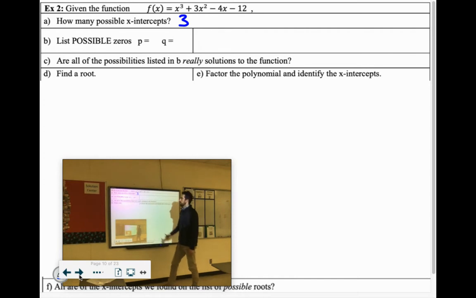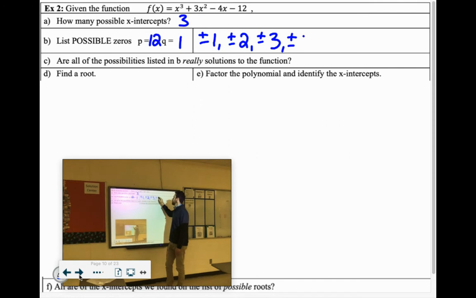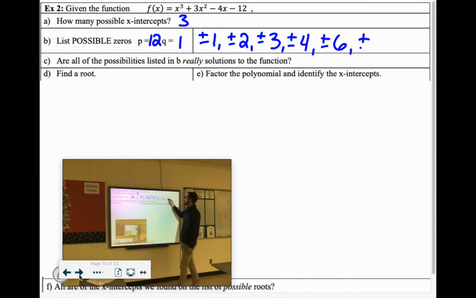Okay, well, p, remember, is your number at the end, which is 12. Q is your leading coefficient, which is 1 in here. So again, the denominator would be plus or minus 1, so we don't even need it. So really, we're just looking for factors of 12. So that could be plus or minus 1, plus or minus 2, plus or minus 3, plus or minus 4, plus or minus 6, and plus or minus 12.